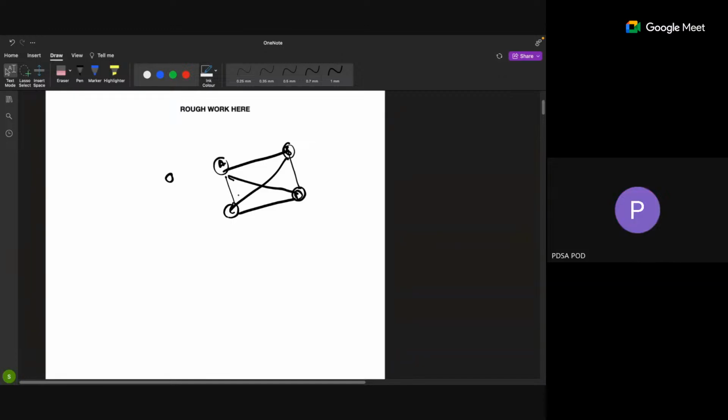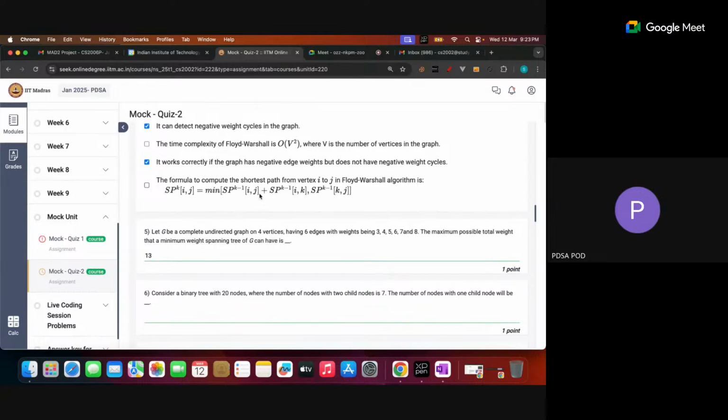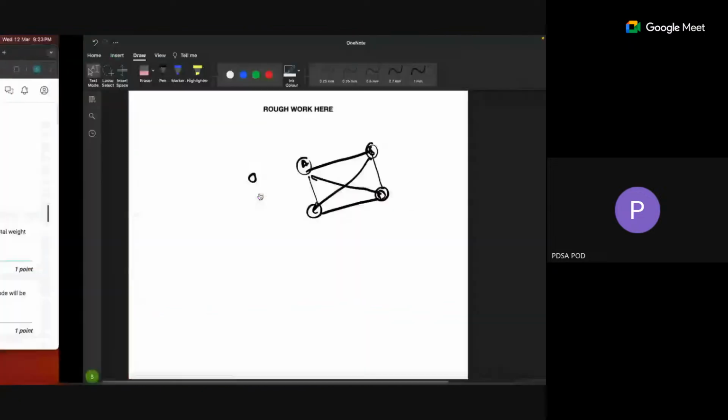So now it's clear. The values of the edge weights are given directly: 3, 4, 5, 6, 7, 8. So that is 6 edge weights.